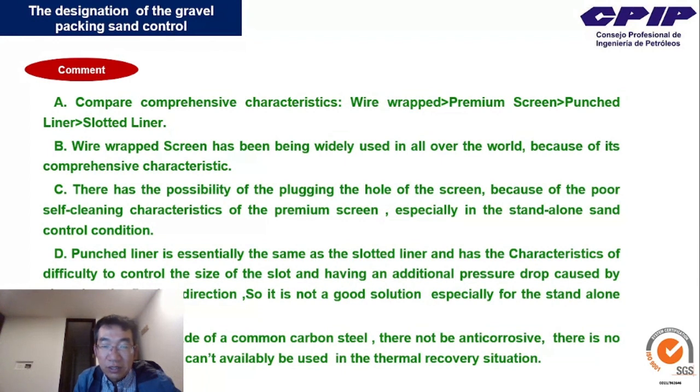So it is not a good solution, especially for the standalone sand control situation. Slotted liner is made of common carbon steel. They are not anti-corrosive. There is no thermal stability, so it can't be used in the thermal recovery situation.